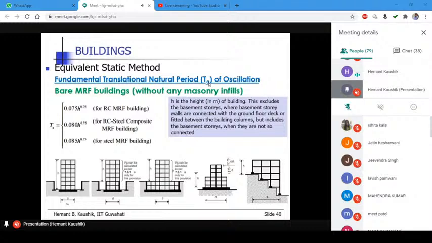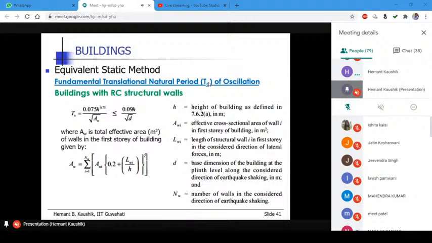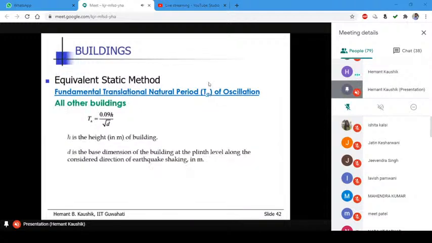And the code also gives you a methodology to compute the height of the structure. Because yesterday also someone asked, like, what is the real height? So the code gives you some help here, how to compute the height. This is the second equation for buildings with structural walls, and another equation is given for all other buildings, right?